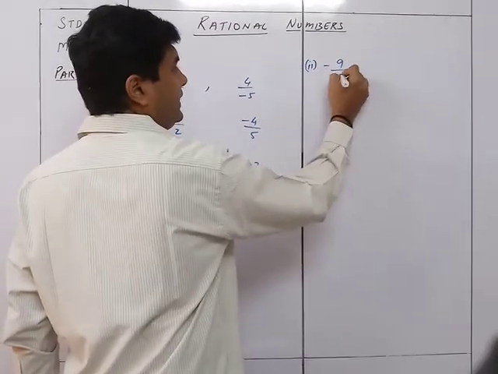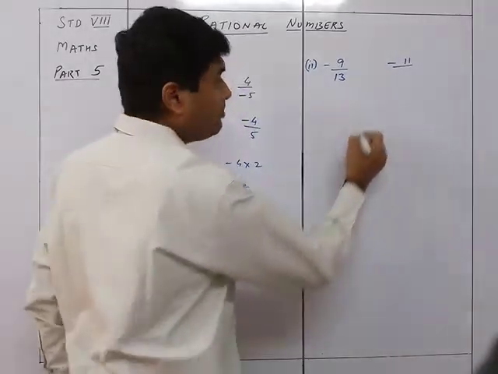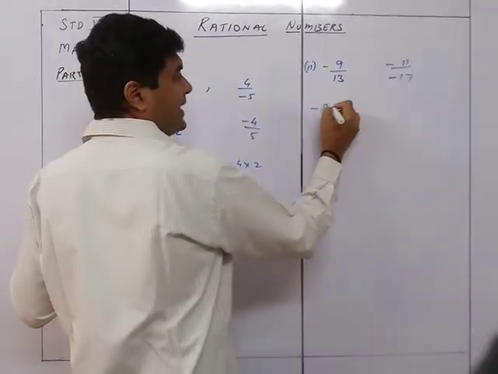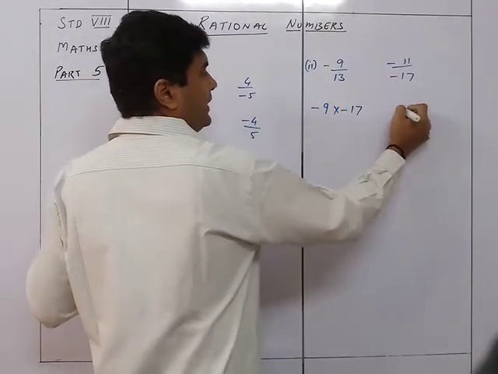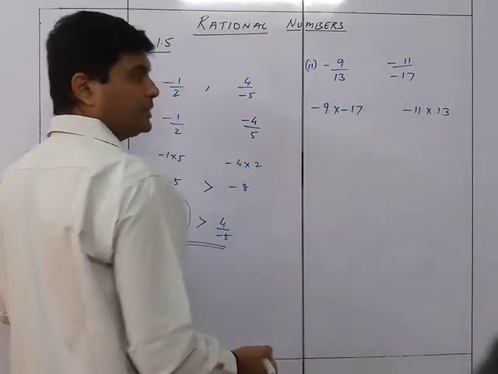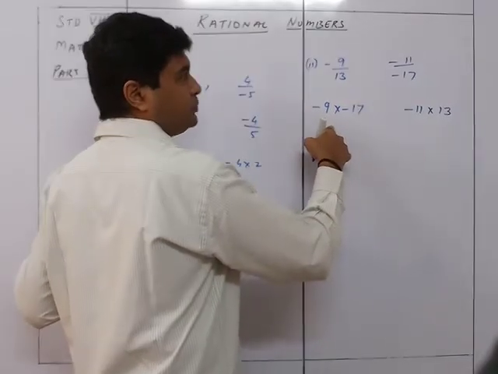Minus 9 upon 13 and minus 11 upon minus 17. So this becomes minus 9 into minus 17 and minus 11 into 13. So this becomes positive.